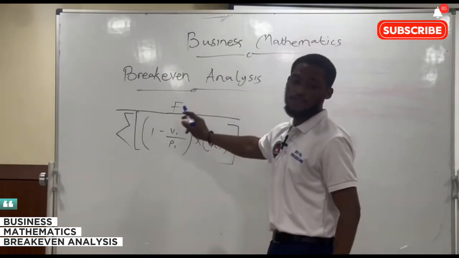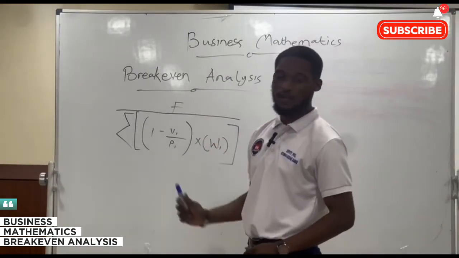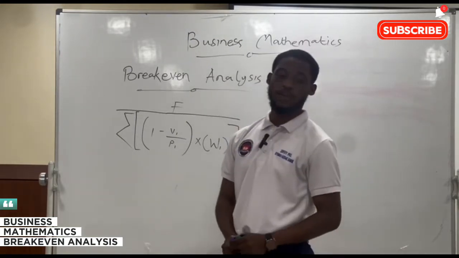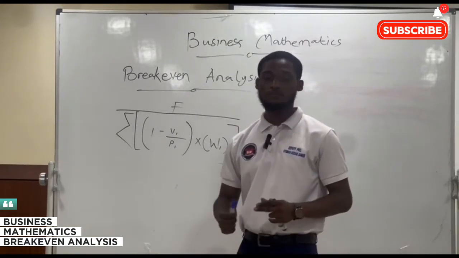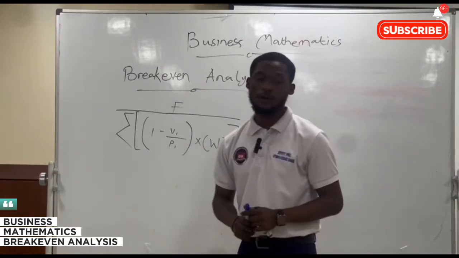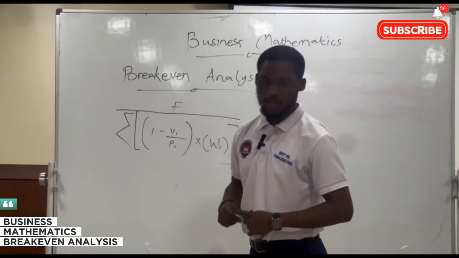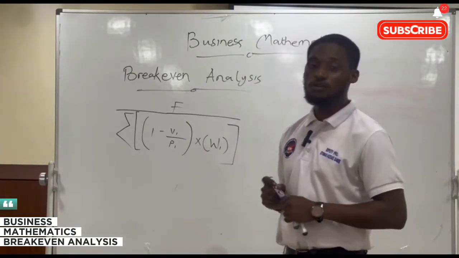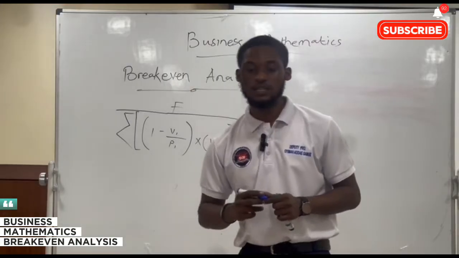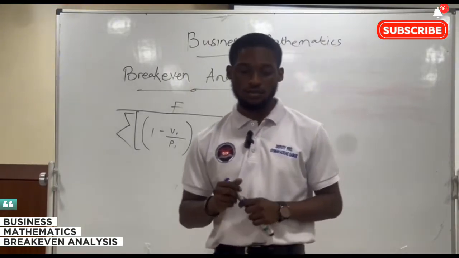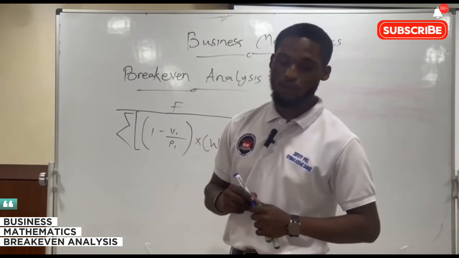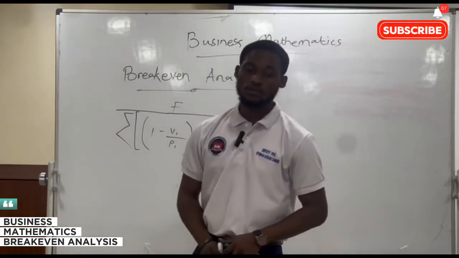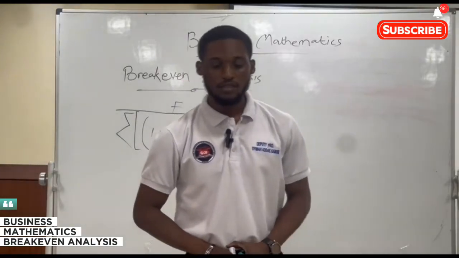The F here is our fixed cost, and as you already know, the P is our price per unit. The V is our variable cost per unit. The W is the percent each product is of total dollar sales.